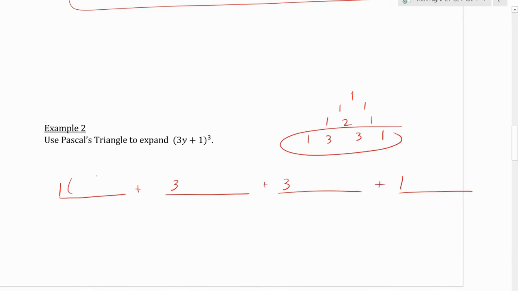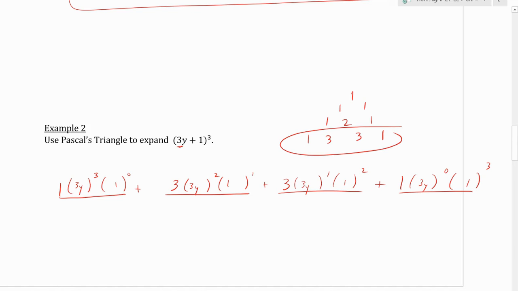Whatever I start with, it's going to start out cubed and then drop to a square and then drop to the first, and then it'll have none of them. And whatever's second will start out with none of them, gain 1, gain another, and then have all of them. My first term in that binomial is a 3y, and the back term is a 1.